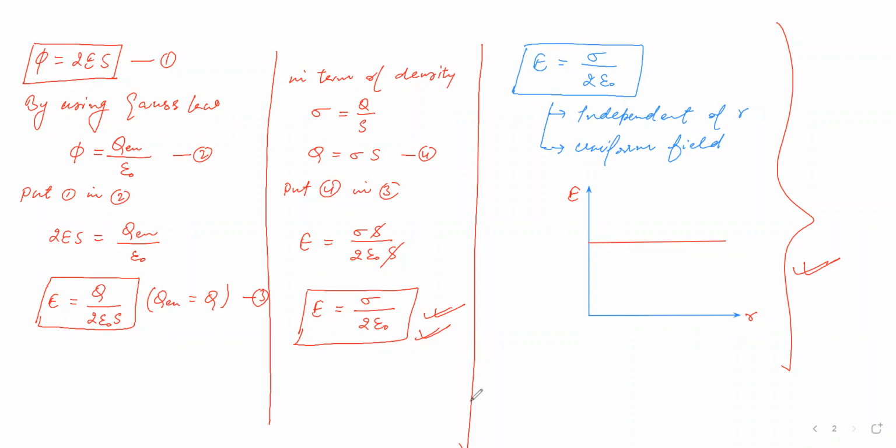Have you noted it? Yes, sir. Okay. Now we are taking an example. Note it down, please. We have two infinite plane sheets of charge here. This is your first plane sheet of charge, and the another plane sheet of charge is this one.